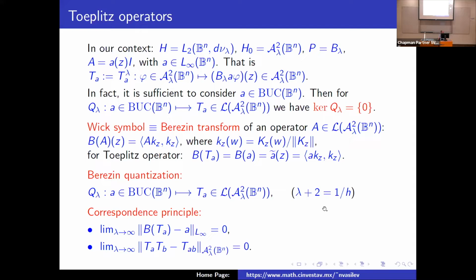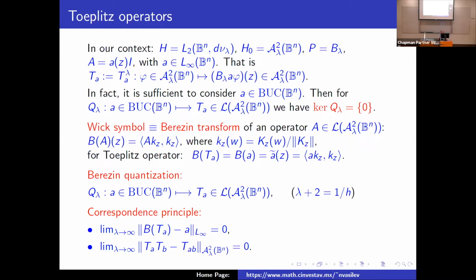First of all, there is the so-called weak symbol, or Berezin transform, which is defined for every bounded linear operator A acting on the Bergman space as follows. This is a function: we take the scalar product of the operator A applied to k_z with k_z, where k_z is the normalized reproducing kernel.